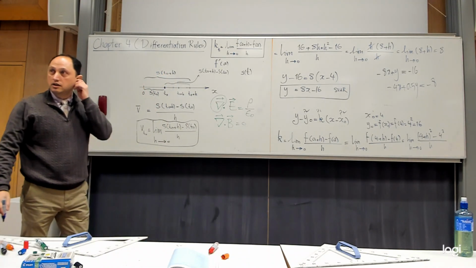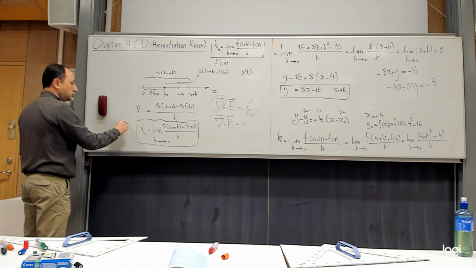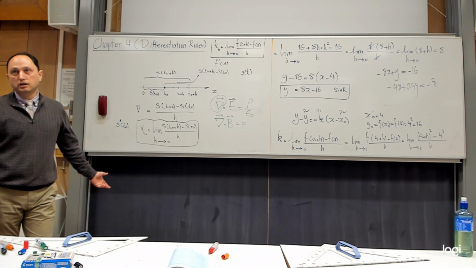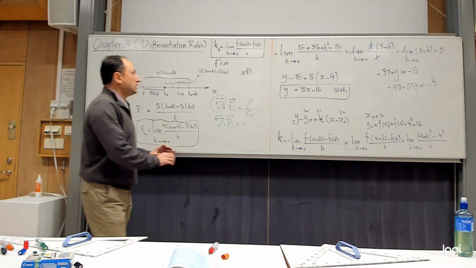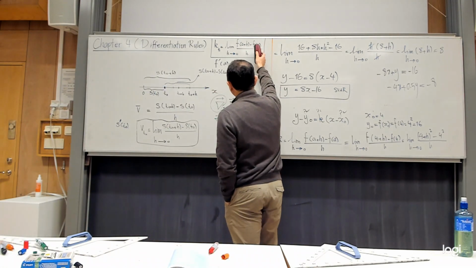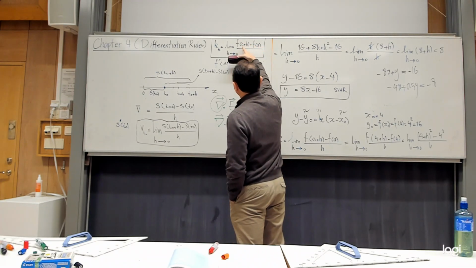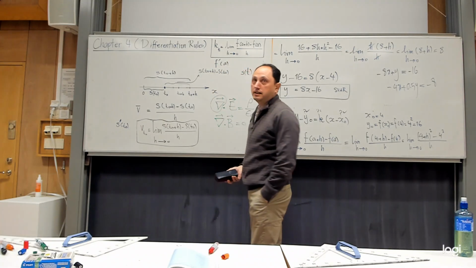And then they use here s prime of t node. So this prime symbol that we use here is the one that we use for the derivative. Okay? So this limit is important. It is called the derivative of my function at that point, and this symbol is reserved for that limit.